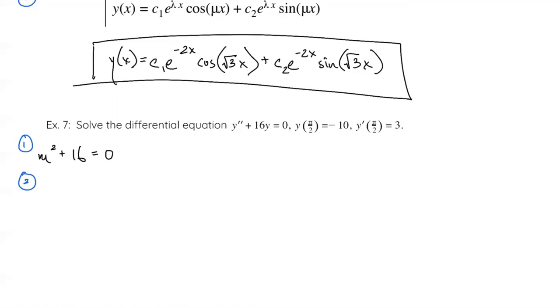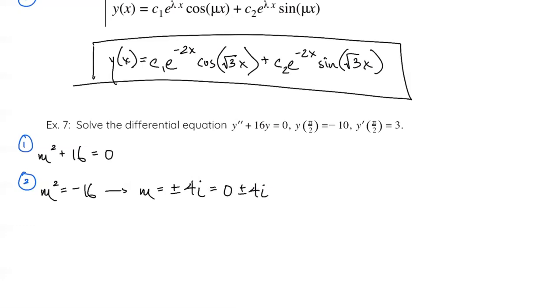We can solve this a few ways, but we could very easily subtract that 16 and take a square root. We'll get m equals plus or minus 4i. Now, knowing that I have to identify my lambda and my mu, I might choose to write it out like this, just for clarity inside my brain.